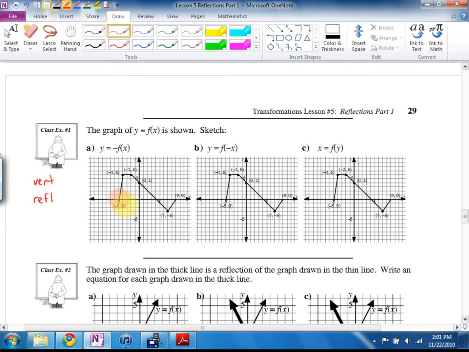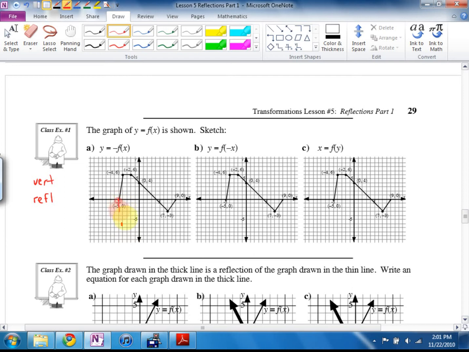Negative 4 comma positive 6. What's that going to become? Negative 4, negative 6. And connect them. Negative 2 comma 6 is going to become what?